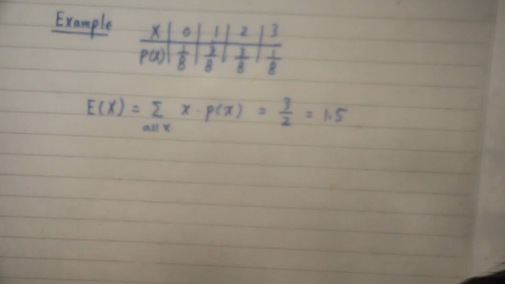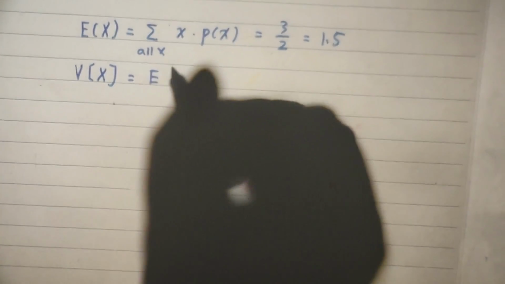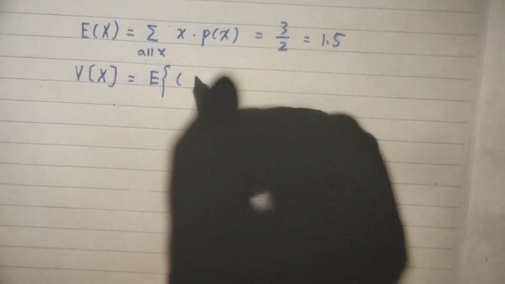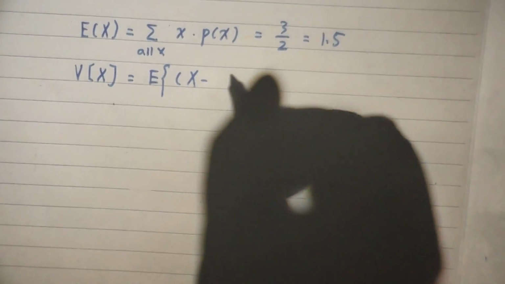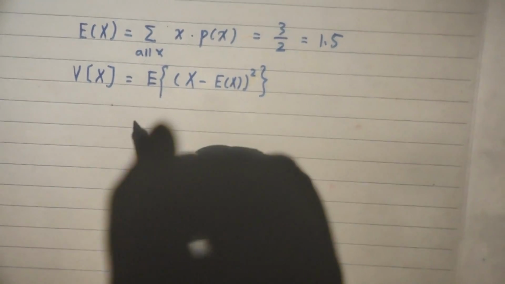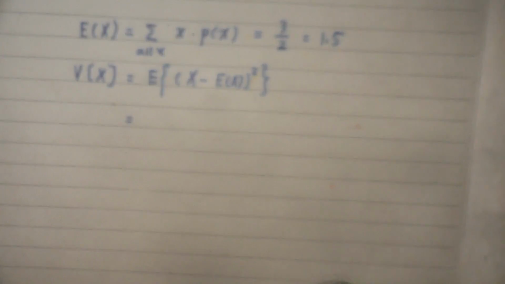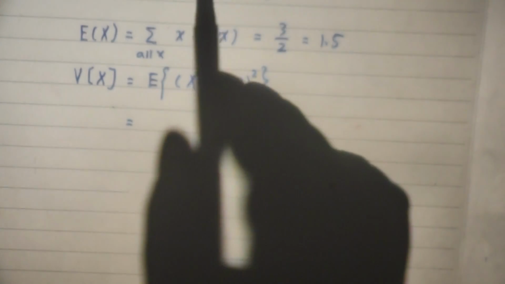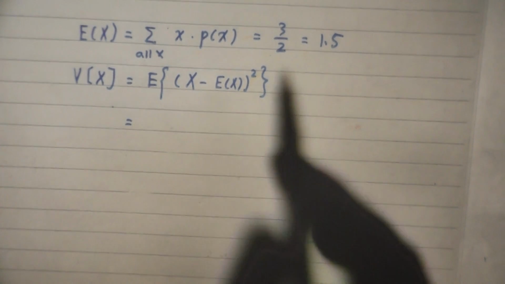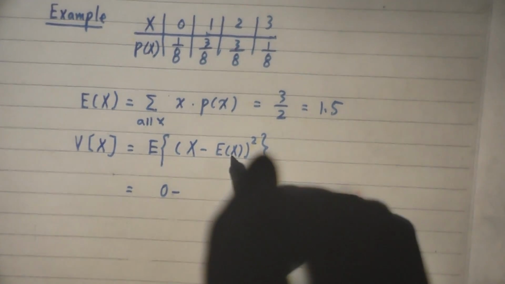Okay? Now, what is variance of X? Variance of X is the expected value of X minus expected value of X, squared. So, how do we find this number then? Well, there are 4 possible values of X. So let's begin with the first one. 0 minus, what's EX?